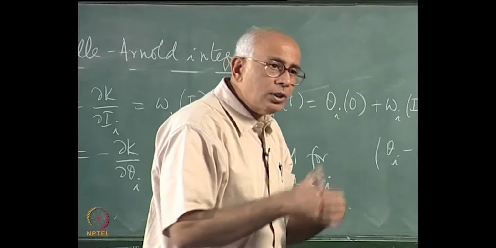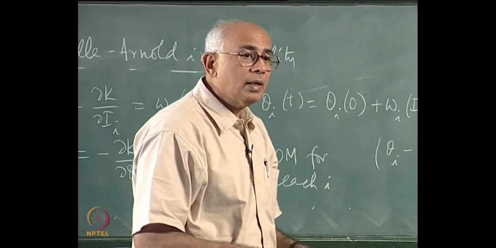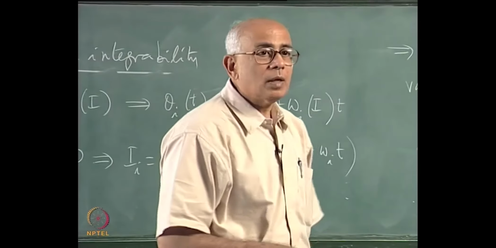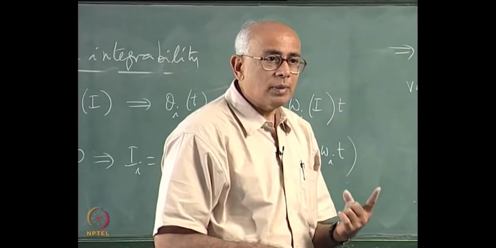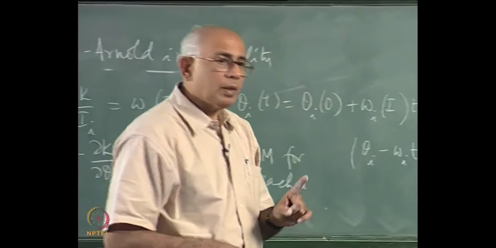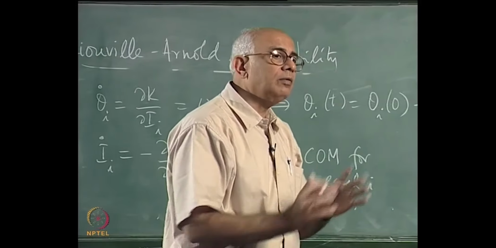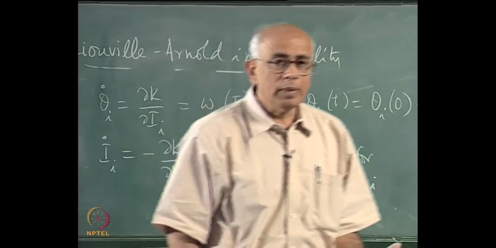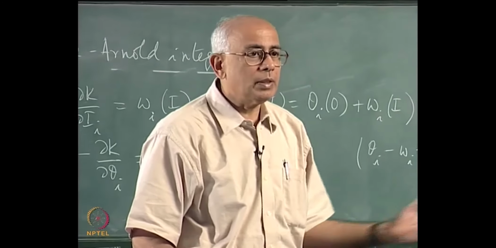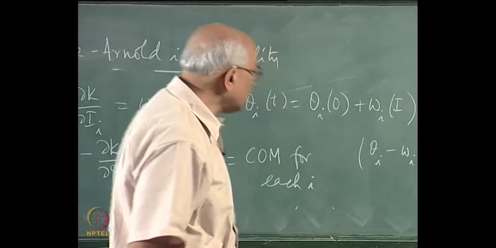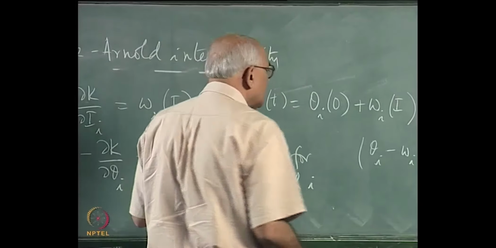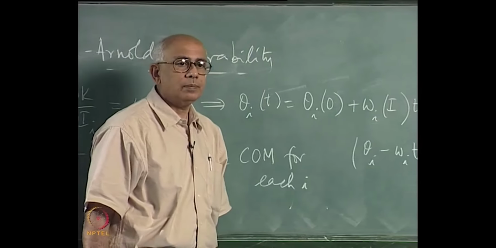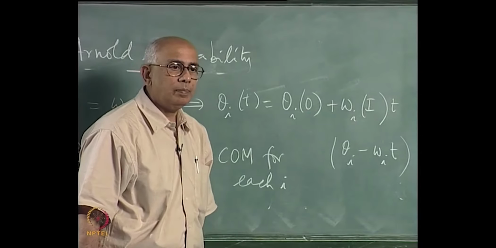How do you find the original P's and Q's once again? Remember this was a canonical transformation with determinant equal to +1, the determinant is not 0 and therefore in principle the transformation is invertible. Given the thetas and the I's, I should be able to go back in principle to the P's and Q's. They may themselves have very complicated dependencies on time, but the angle variables have very simple dependencies on time.